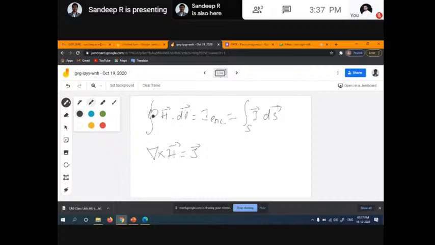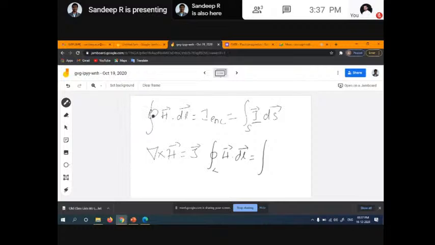So using that relationship in the above equation, the line integral of H dot dl is equal to, instead of J, I can write curl of H dot ds.